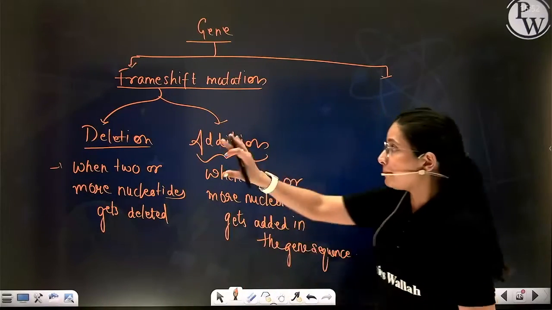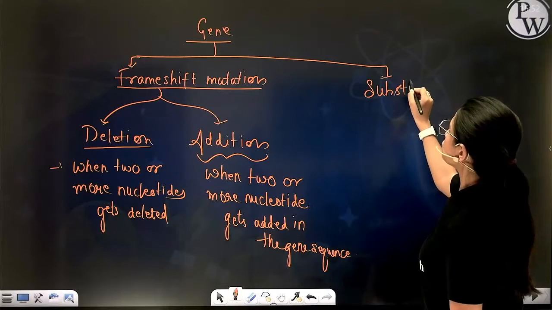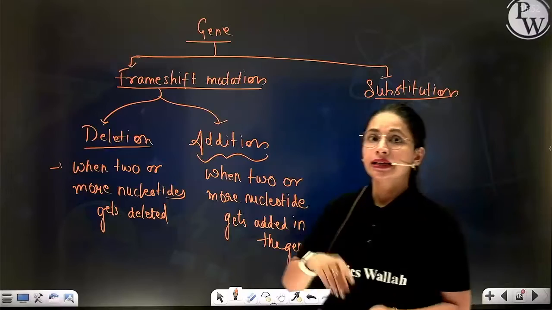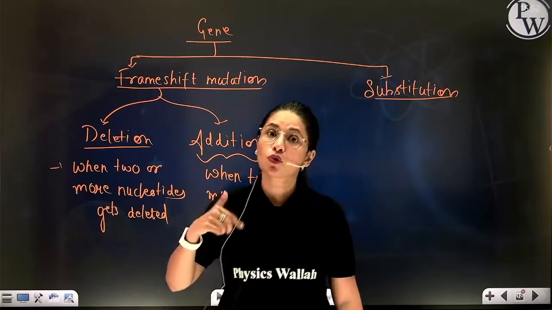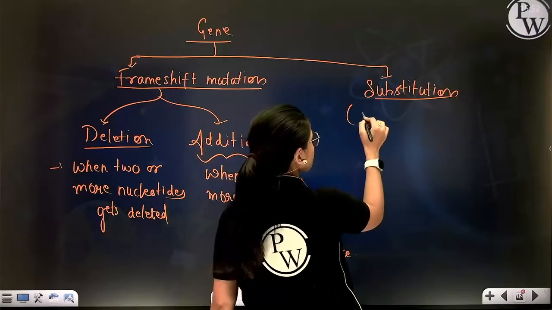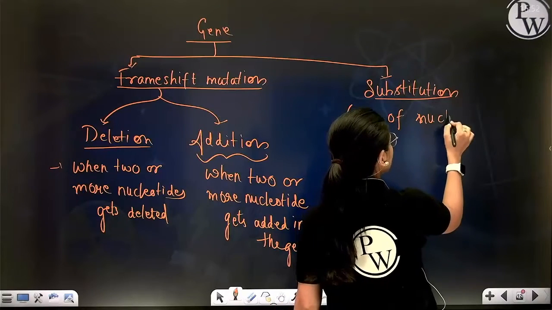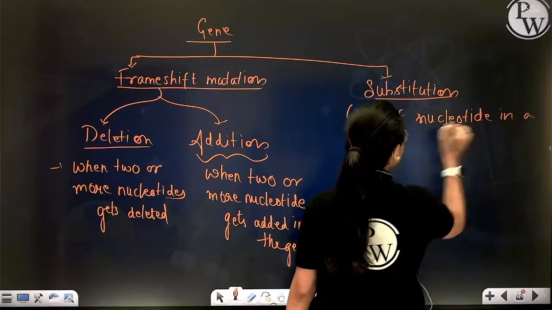Now, apart from deletion and addition, there is substitution mutation. Substitution means the nucleotide number is not going to change, but the quality of the nucleotide is going to change. So in substitution mutation, the number of nucleotides in a gene will remain the same.